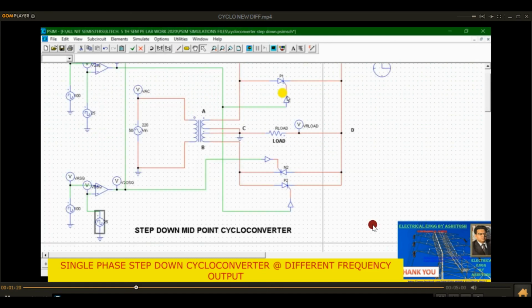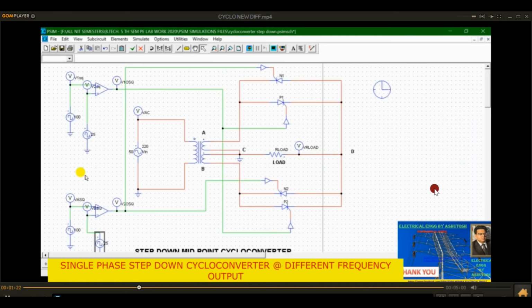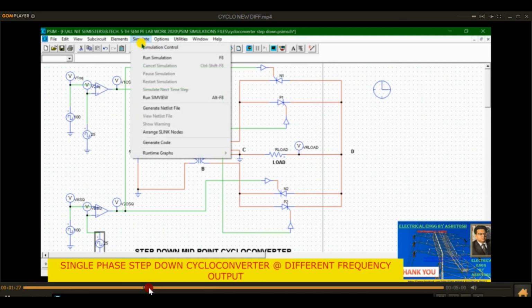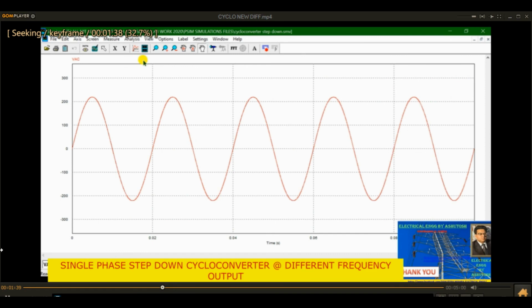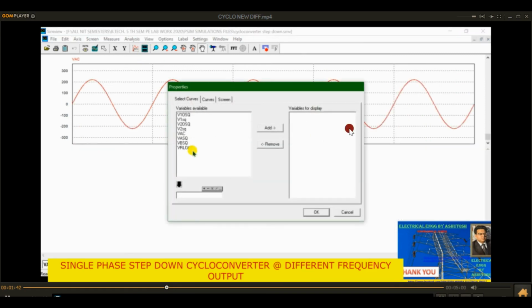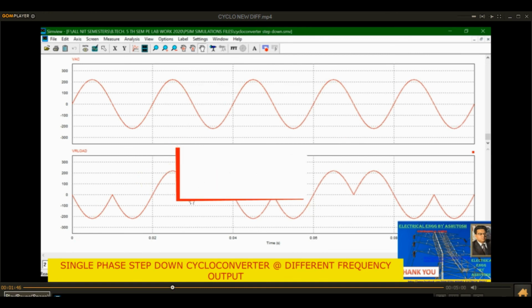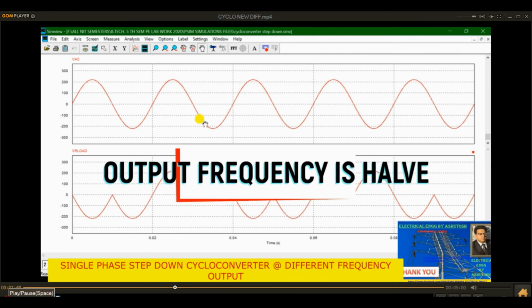Then you will see the output waveform. So this is the AC input signal waveform, and then see V load. Here the output frequency is half.